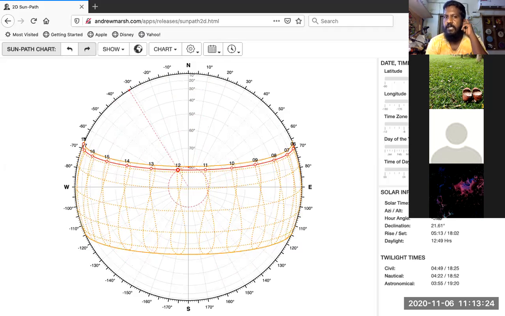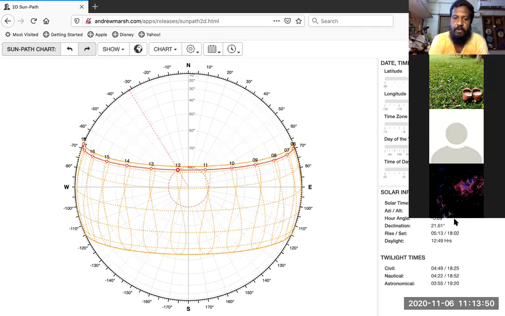Okay. So now, if you see where the sun's path is, as I told you, the center is where Chennai is located. The sun is on top of us, on the northwest side of us at 12 o'clock. And we can see the azimuth angle, minus 31.45. Here they have taken a minus reading.